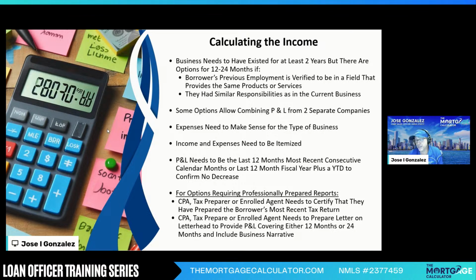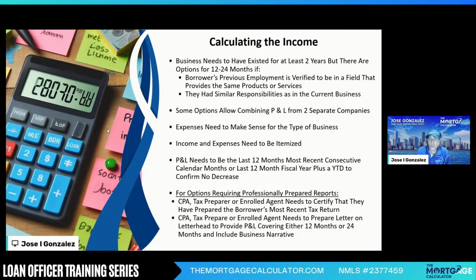And that net income divided by however many months have elapsed, or if it's a 12-month report, because it all depends if you got a year-to-date report plus a previous 12 months, or if you're just going straight 12 months from today going back, right?